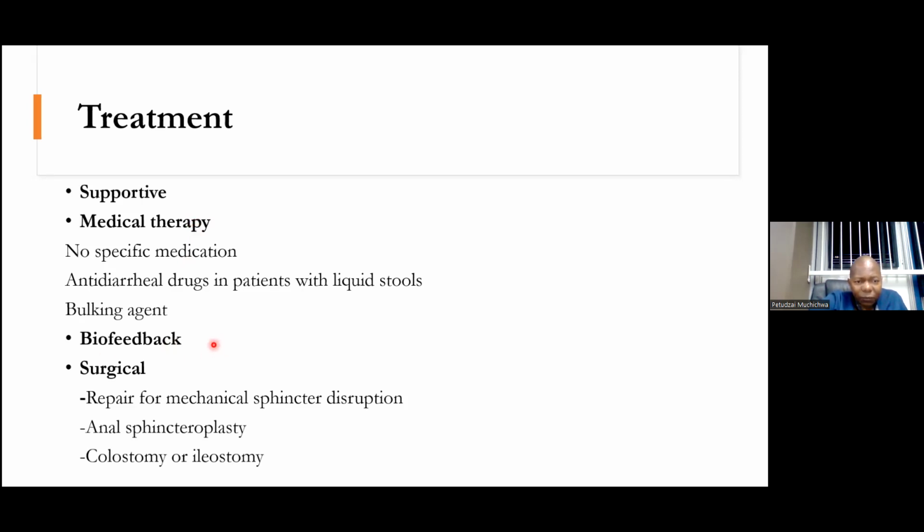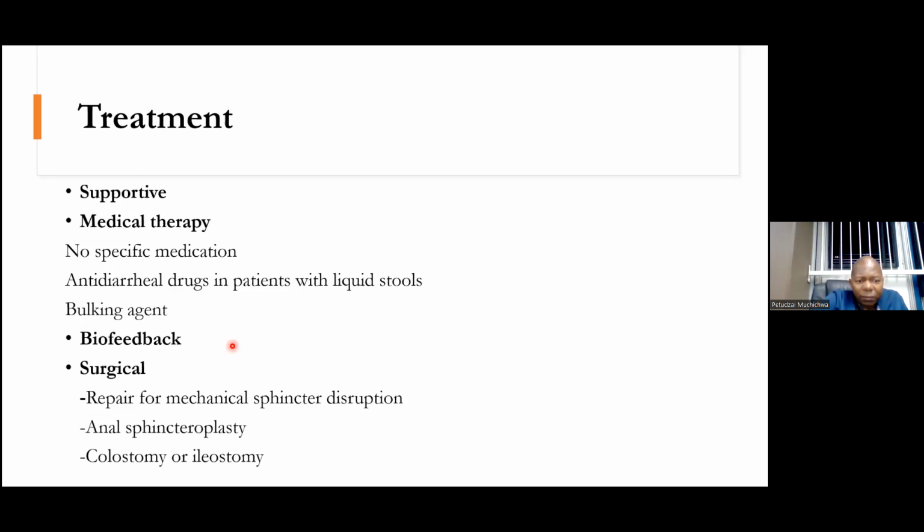Biofeedback also has a role there, and surgical treatment will be repair for mechanical sphincter disruption, and also anal sphincteroplasty in centers where these services are available, to try and reconstruct.